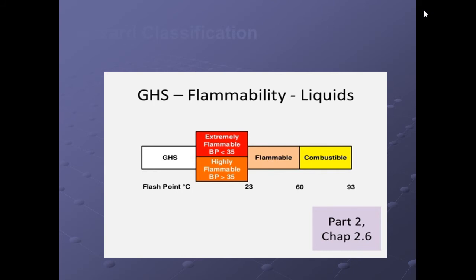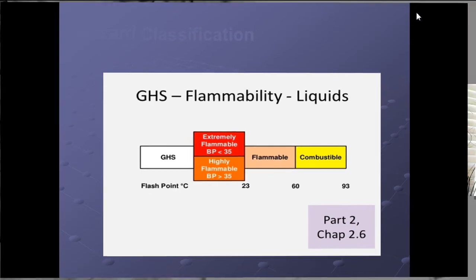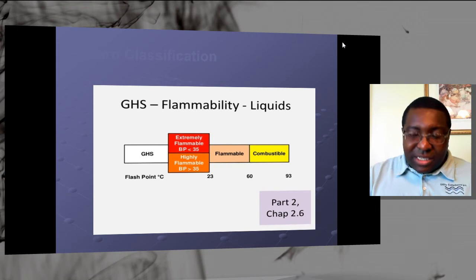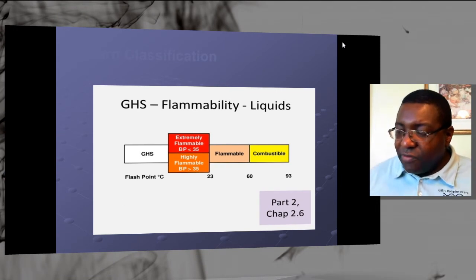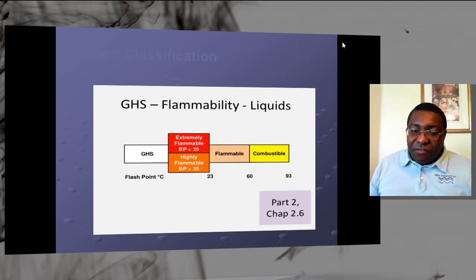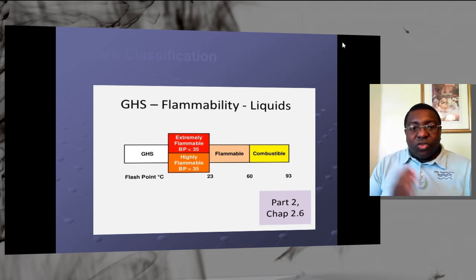If you're listening to this video and you haven't had GHS training and it's after December 1st, 2013, which it has to be because I'm doing this video on December 5th, 2013, you should have been trained on this new GHS system if you fall under OSHA in North America.